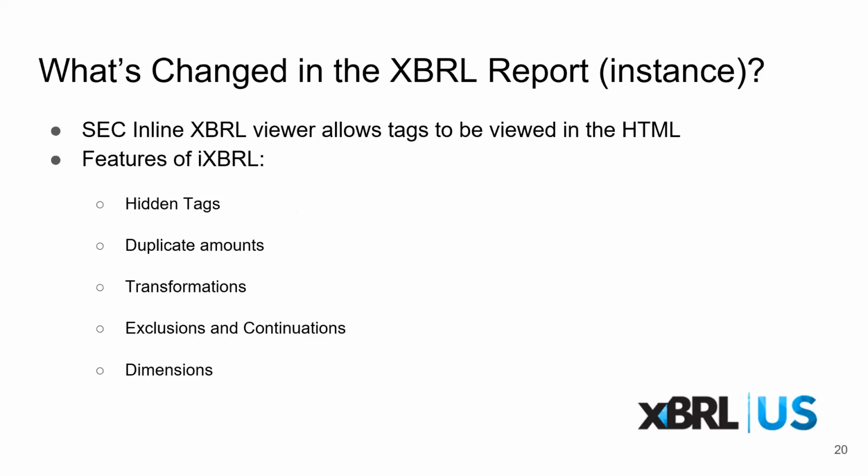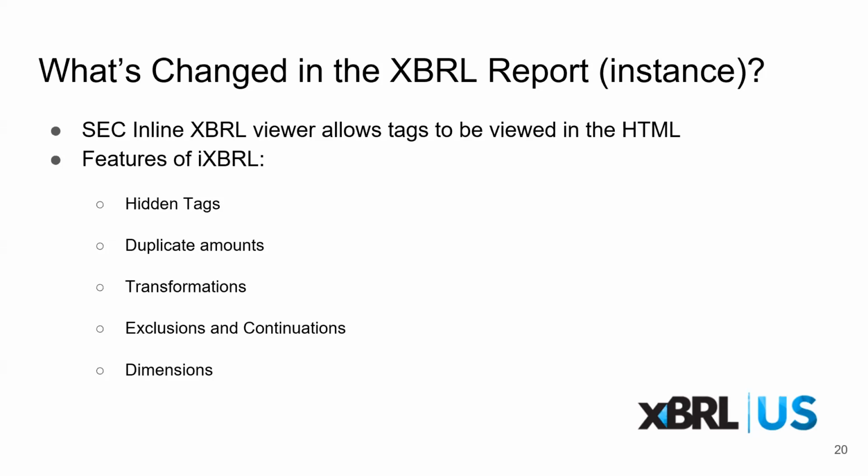For example, the CIK number for an entity. We will cover in detail what you need to be looking for when inspecting your iXBRL document for hidden facts. Duplicate amounts. Inline XBRL has a little more leeway for rounding financial figures. There are acceptable cases and other cases you will want to avoid.